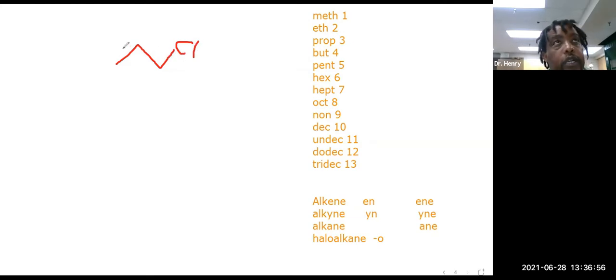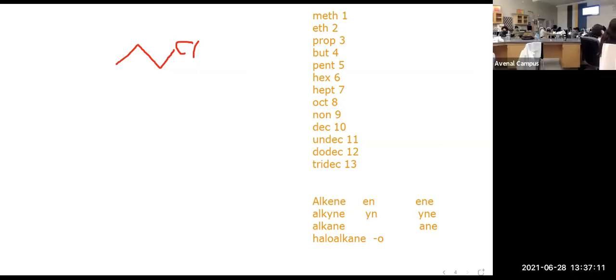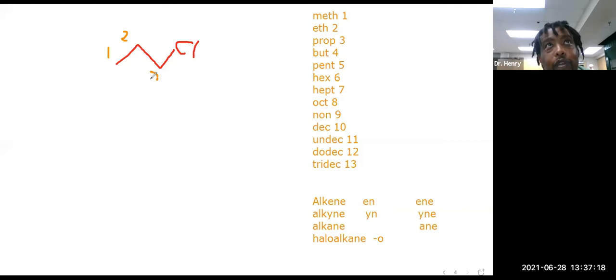So this is 1, 2, 3 carbon. So a 3 carbon is called what? 3 carbon is gonna be prop. No, wait, that's 4 though. That's 4. So it's gonna be put 1, 2, 3. No, so this bond here is actually attached to the Cl. That's a Cl. So that's a chlorine, right? So it has a chlorine there.